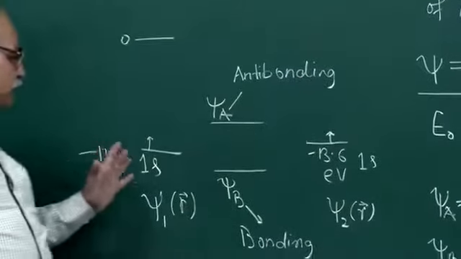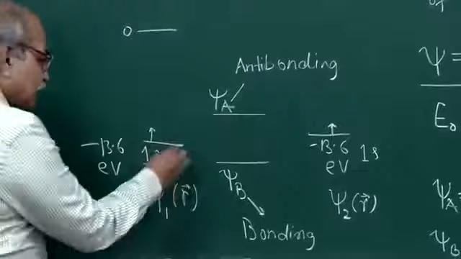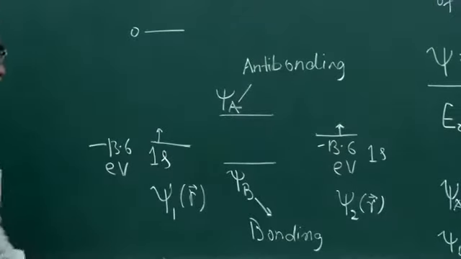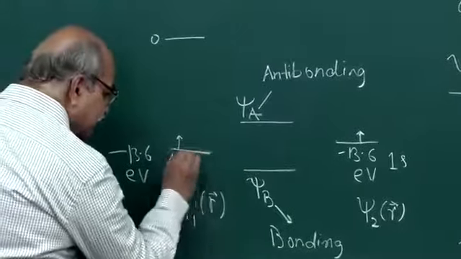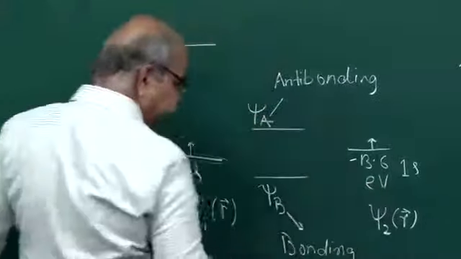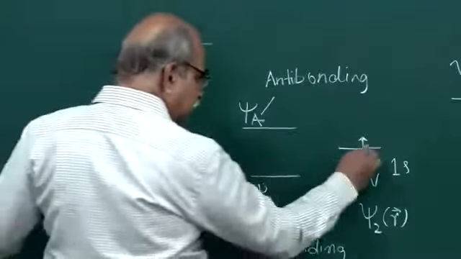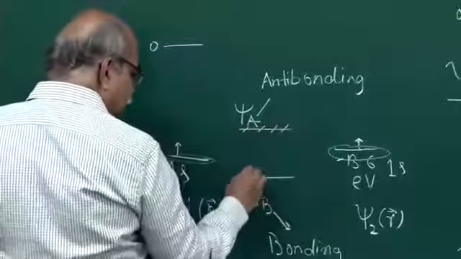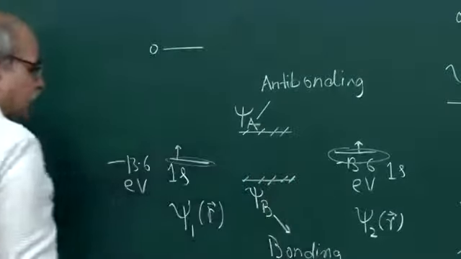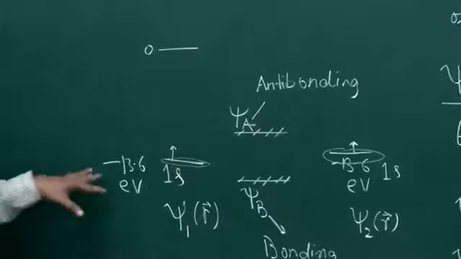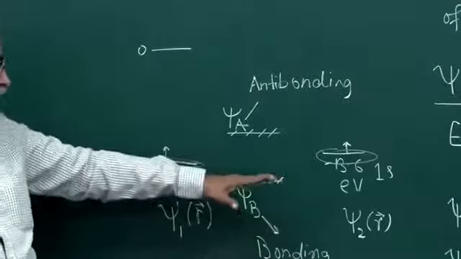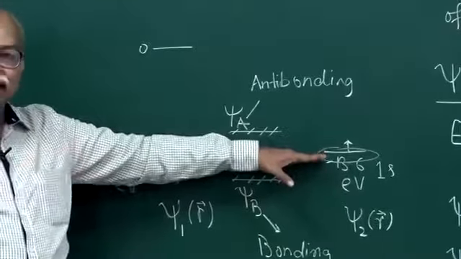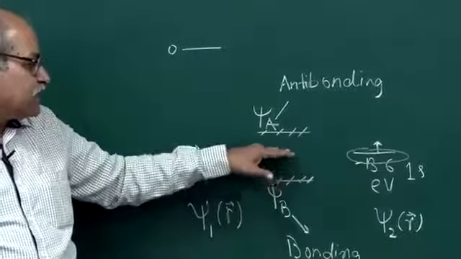You still have 4 quantum states. You had 4 quantum states, 2 here, 2 here, and again you have 2 and 2. So the number of quantum states remains the same, but the energy, which was just minus 13.6 eV when the atoms were far apart, is now split in 2 parts.